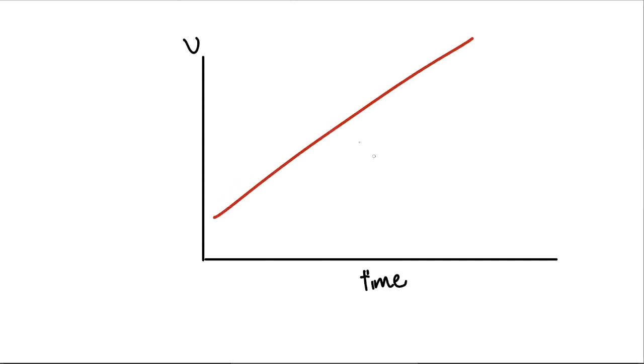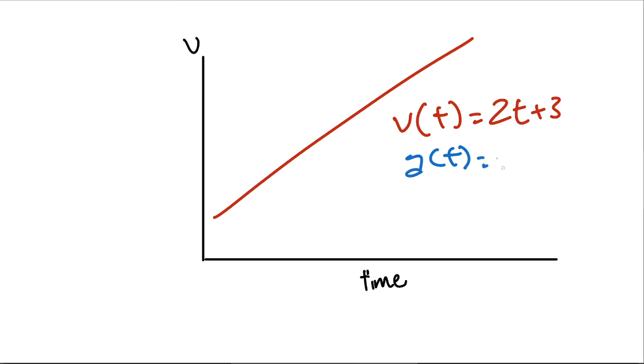So let's say we have this equation, this graph, v of t is equal to 2t plus 3. That's what we just said before. So we stated that our acceleration here is going to be equal to 2. That was based on the fact that at any point in time on this graph, the slope is equal to 2.